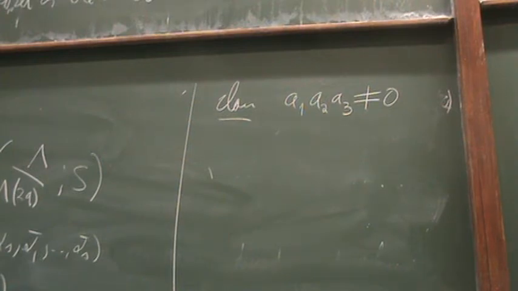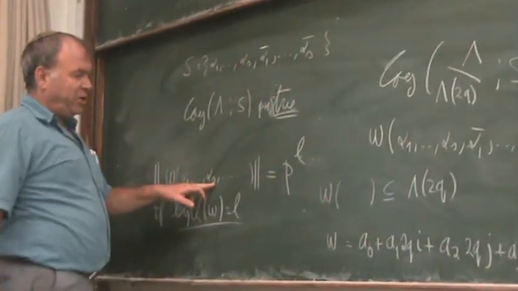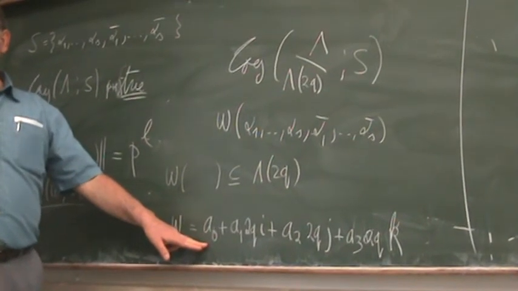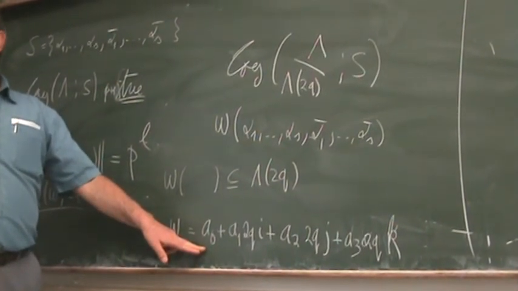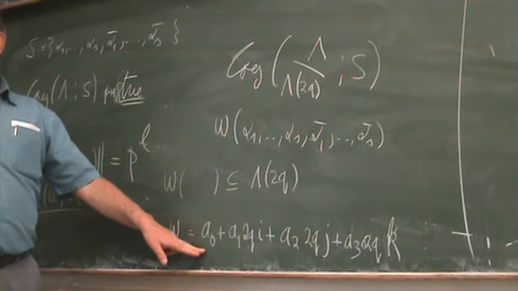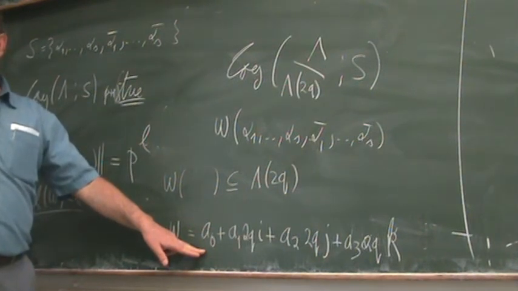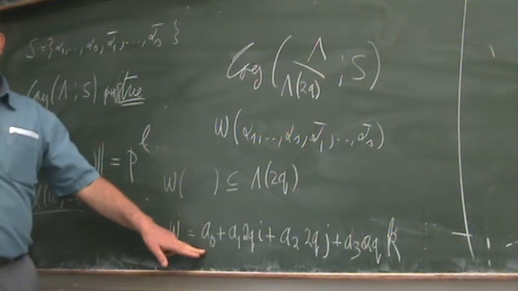Why? Because if all of them are 0, what does it mean? It means that this word in the integral quaternion is equal to a0, some scalar, right? But the scalar is in the center, which means that as an element of the group Lambda, this is the trivial element, already without taking mod q.